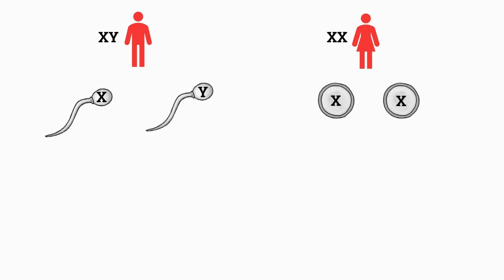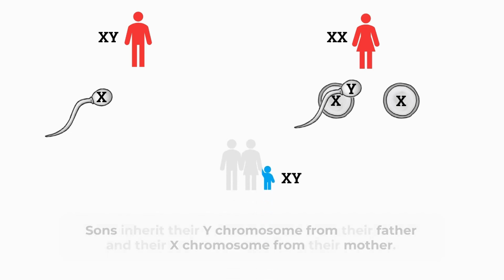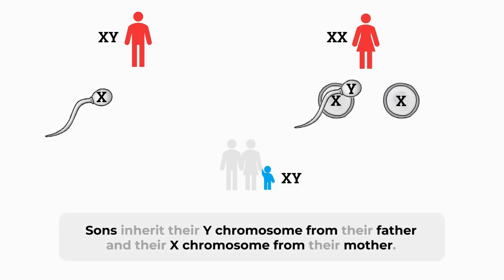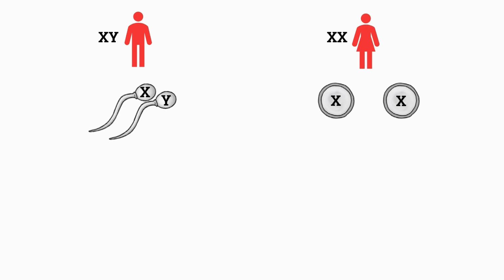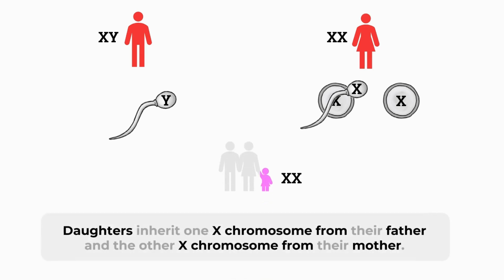During fertilization, if a Y-carrying sperm fertilizes an X-carrying ovum, the resulting child will be a male. So sons inherit their Y chromosome from their father and their X chromosome from their mother. But if an X-carrying sperm fertilizes an X-carrying ovum, the resulting child will be a female. So daughters inherit one X chromosome from their father and the other X chromosome from their mother.